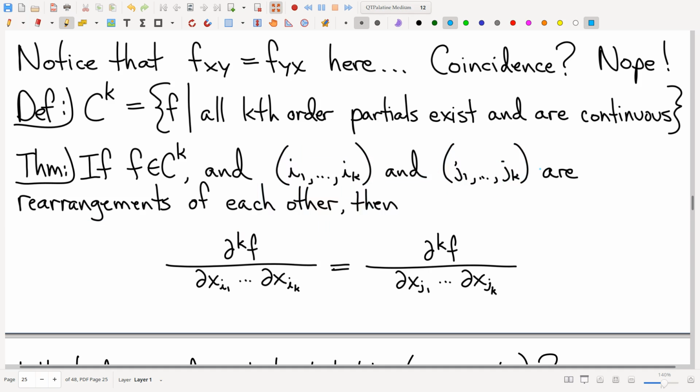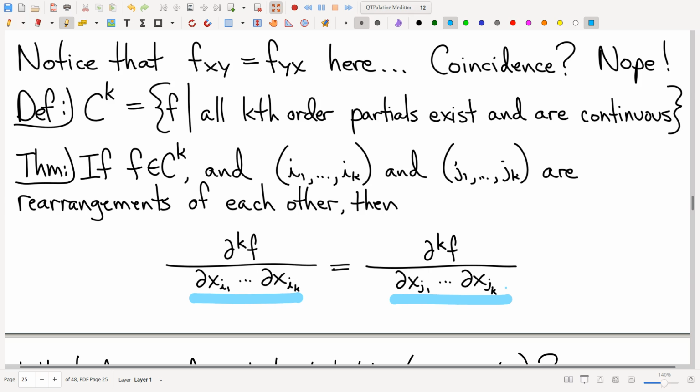And the idea is that that indicates how you've chosen to change the order of the differentiation. Here on the right, I did the j sub k partial derivative first, whereas on the left, I did the i sub k derivative first.